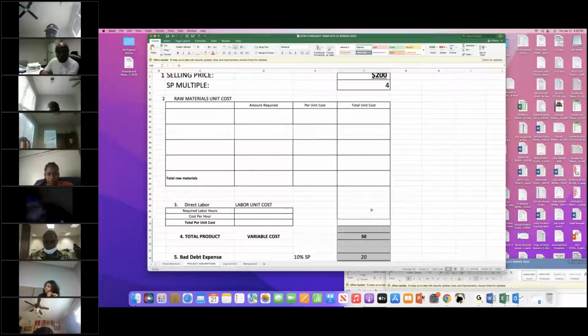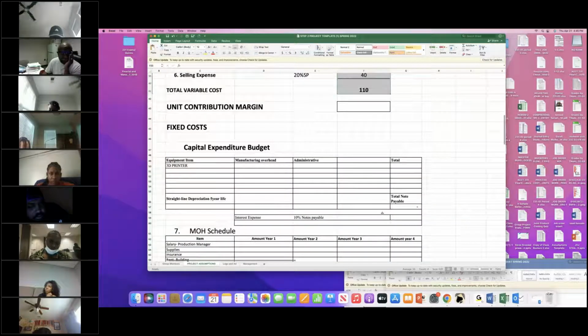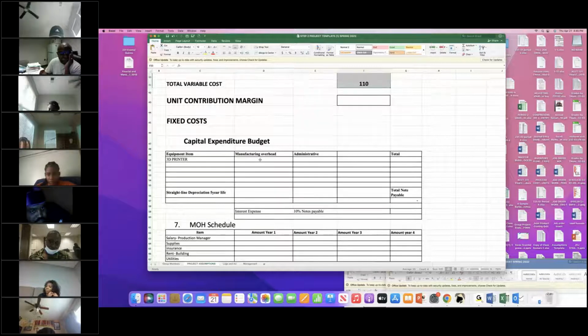Any questions? Let's go to fixed costs. You may need some manufacturing overhead equipment. Let's say your equipment for your company turns out to be 200,000 for manufacturing, and for administrative, it's 100,000.